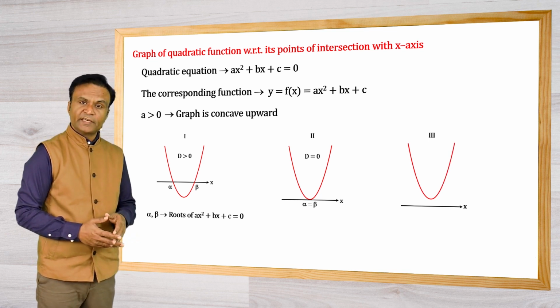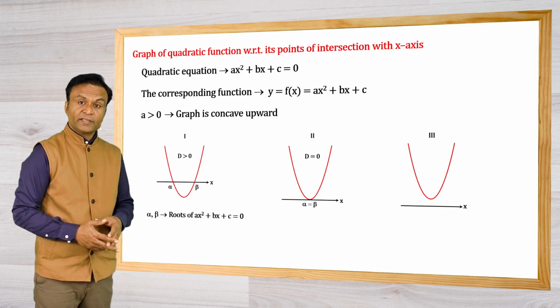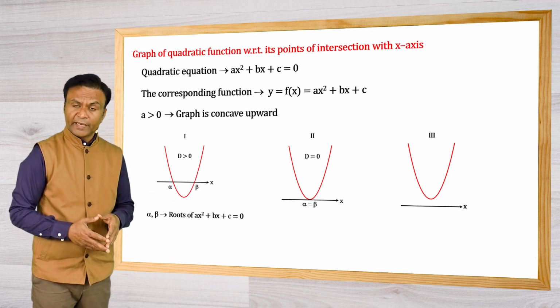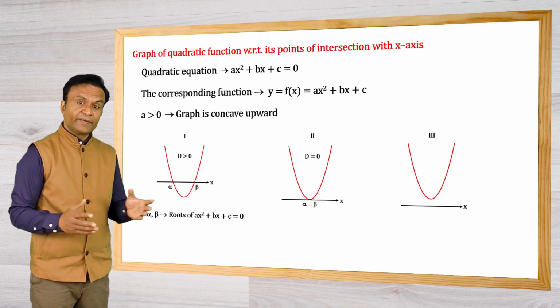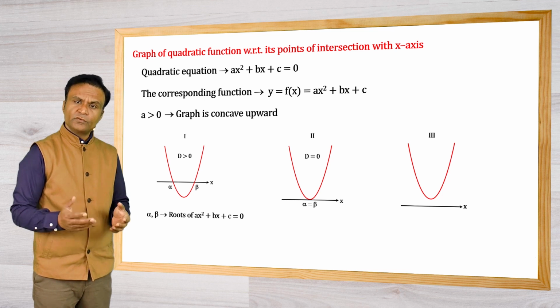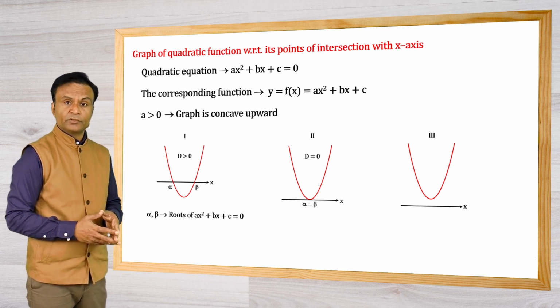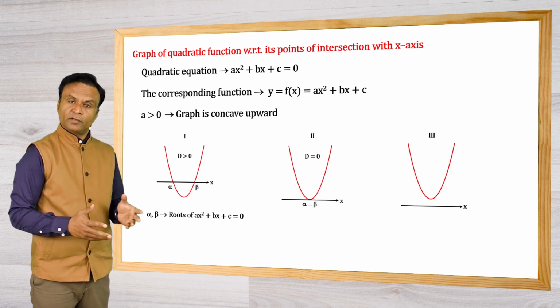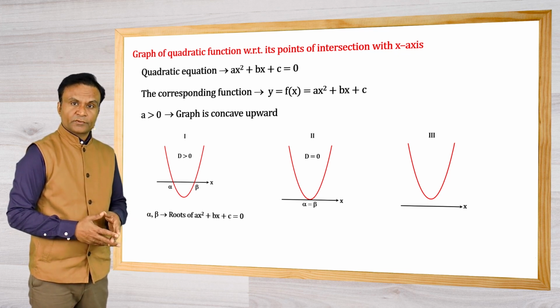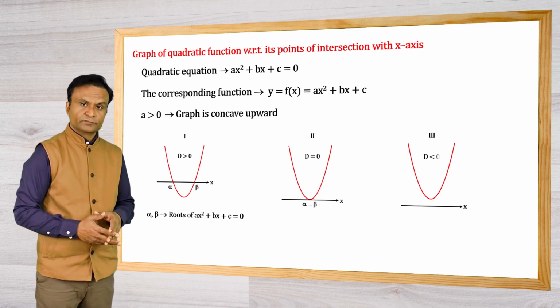Here the graph always lies above the x-axis. That means there is no real value of x which makes f(x) = 0. That means the roots of the quadratic equation ax² + bx + c = 0 are non-real. So in this case, D < 0.